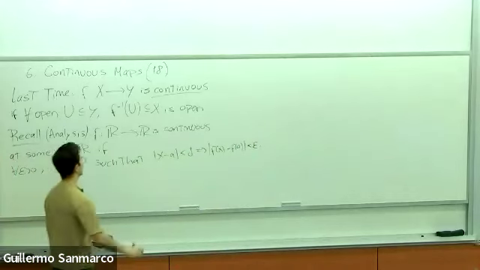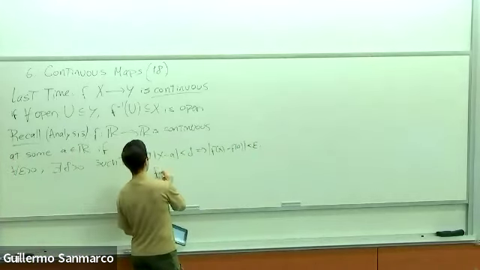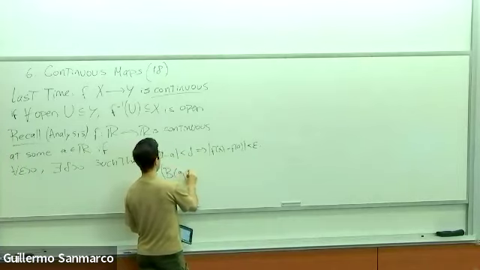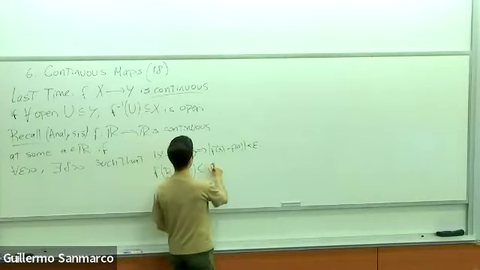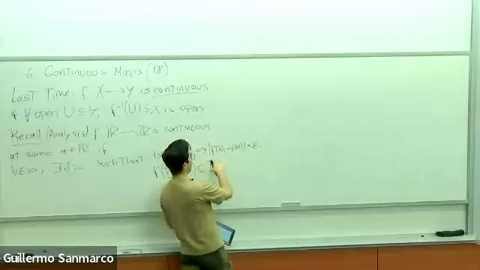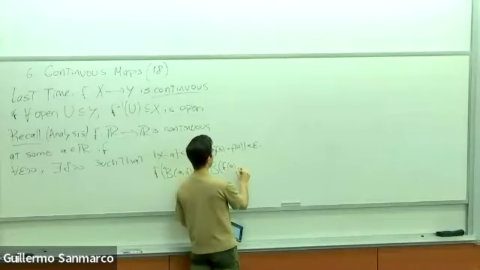In other words, f will take the ball of center a, radius delta, to a subset of the ball of center f of a, radius epsilon.